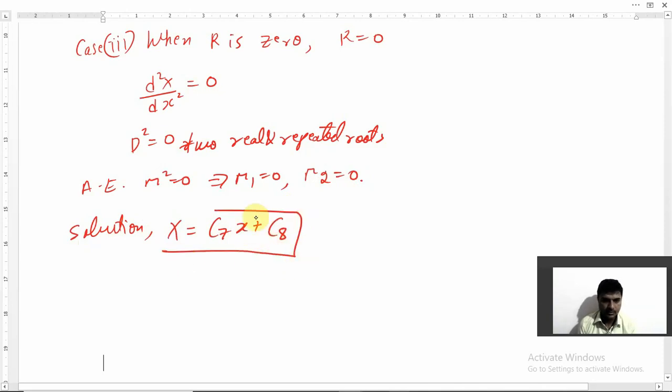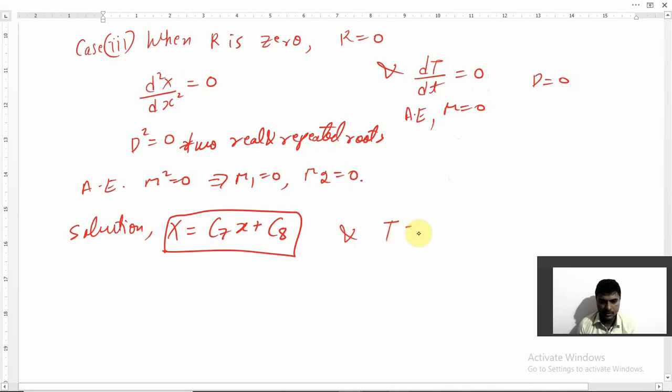This is the solution. Similarly, if we substitute in the t equation, dt upon dt will become directly 0, so only one solution you will get. The auxiliary equation is m is equal to 0, so what will be the solution, students? T is equal to a constant c9.